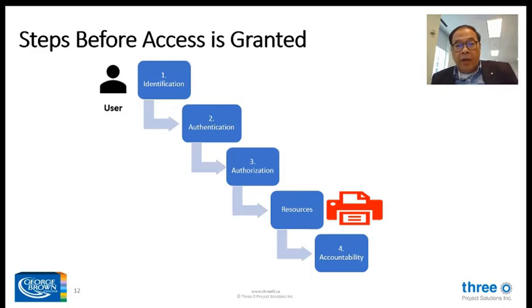There are records of when you sign on, when you get access, what you have used and what you use it for, read, write, or modification, and for how long, and so on.